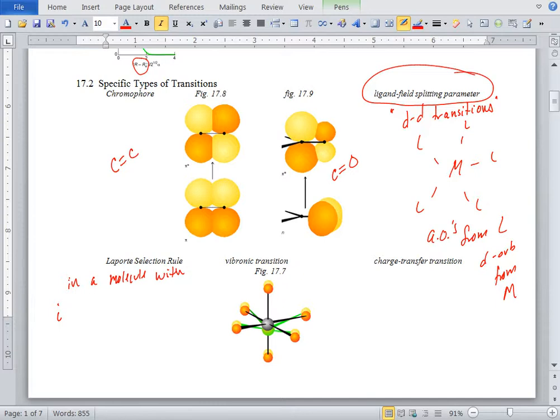Center of inversion. Here's a molecule that has a center of inversion. You can reflect through it and you get the same thing. Nothing moves. So in molecules with a center of inversion, these types of transitions are not allowed.